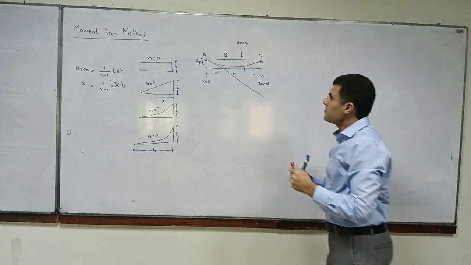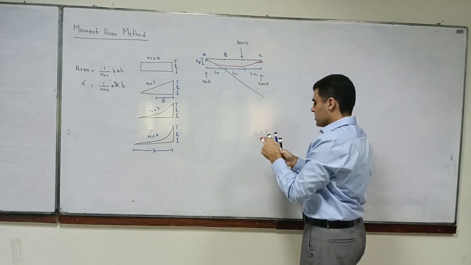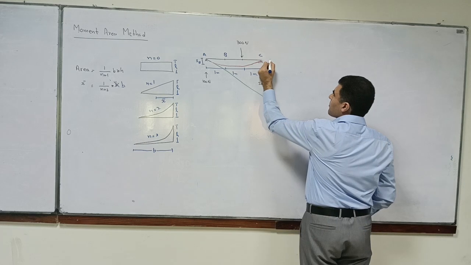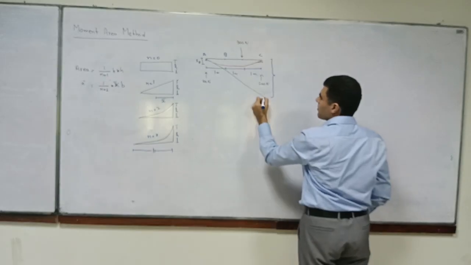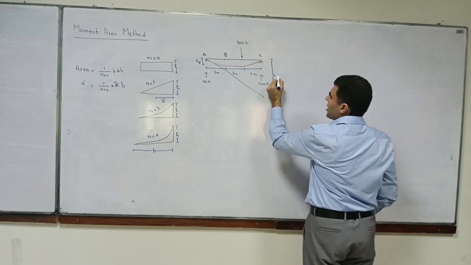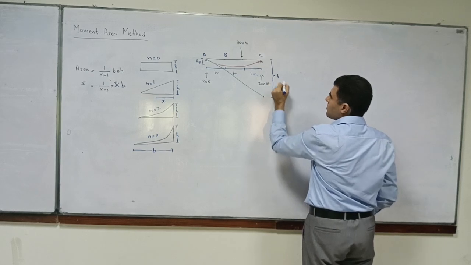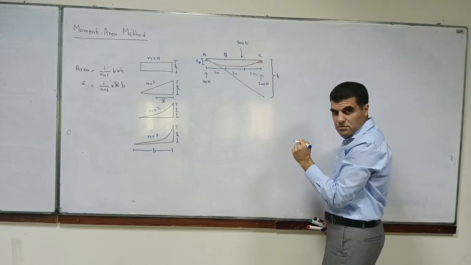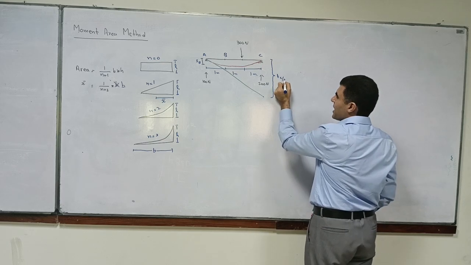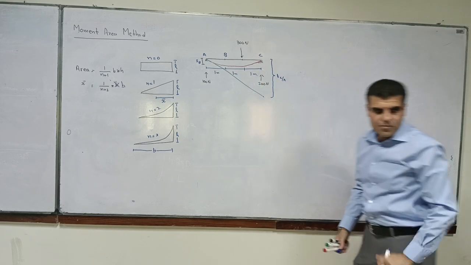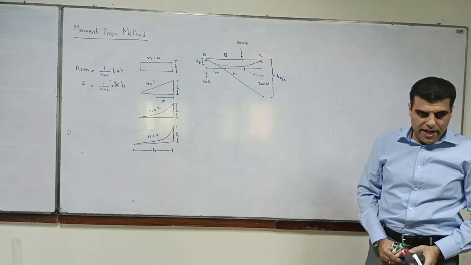What is this? This is the tangential deviation of C when the tangent is drawn at A. That is our t C by A.